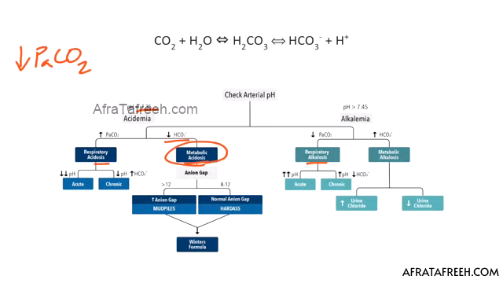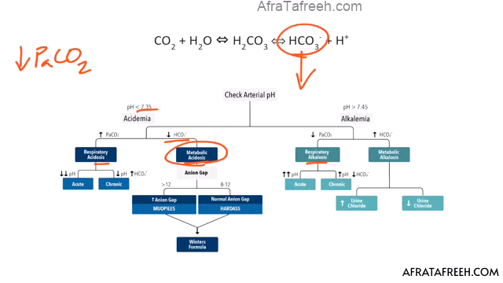A metabolic acidosis can be due to either excessive loss of bicarbonate, or it can be due to an accumulation of non-volatile acids, such as keto acids. In either case, this results in a decrease in plasma bicarbonate concentrations. This makes sense.